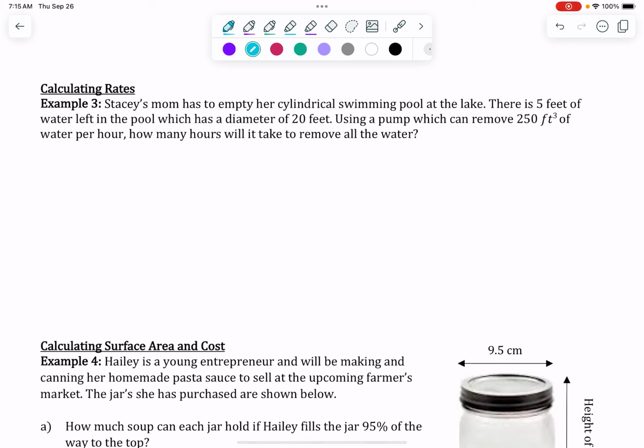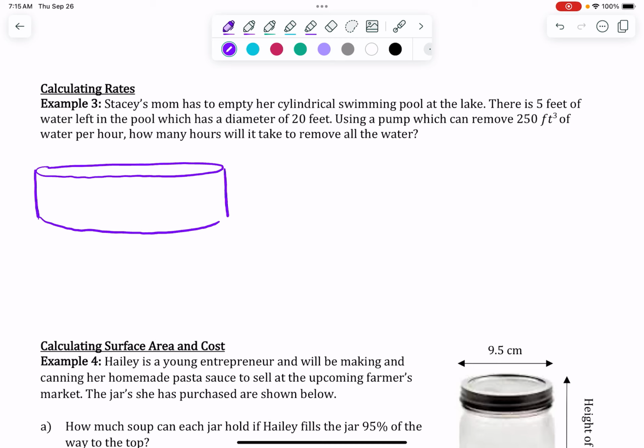Great question. Okay, so as I mentioned before, I'm a visual person, which means I kind of want to see what I'm working with here. So I'm going to kind of draw this pool, just so I can visualize what's going on here. I know a couple things about this pool. I know there's 5 feet of water.